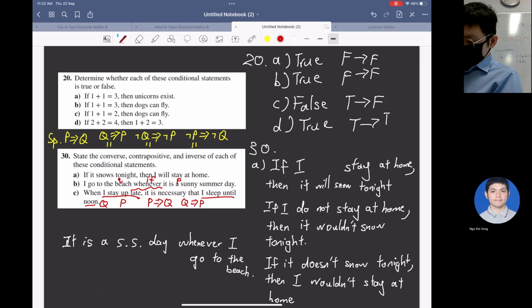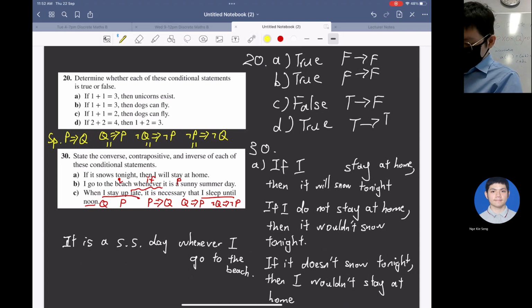Okay. How about the contrapositive? Not Q implies not P. So when I don't sleep until noon, it is necessary that I don't stay up late. Okay.